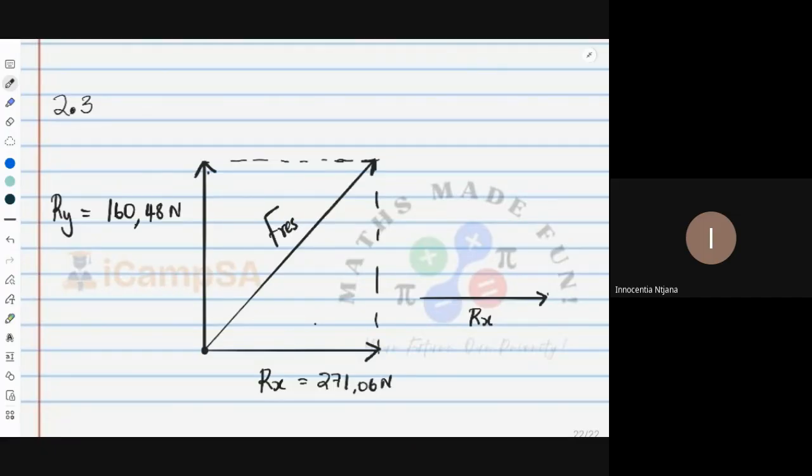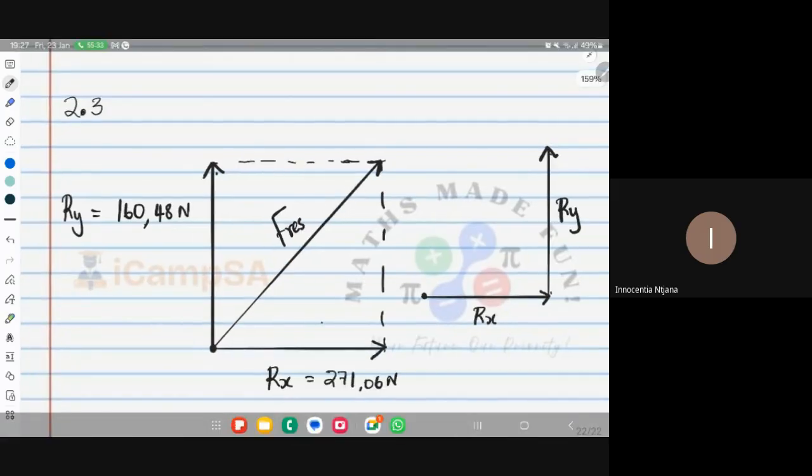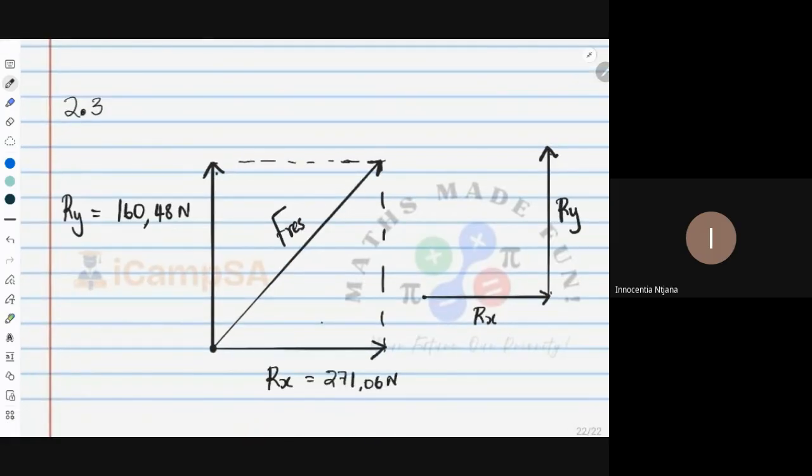So redraw this again. If you remember what I was telling you about the tail to head method, the resultant vector is drawn from the tail of the first vector to the head of the last vector.